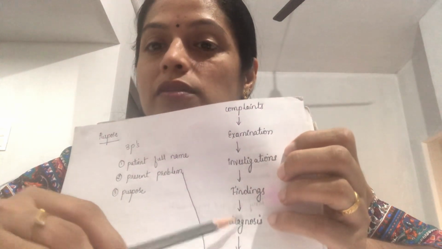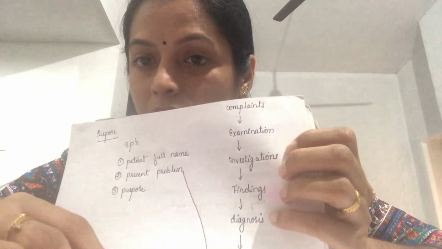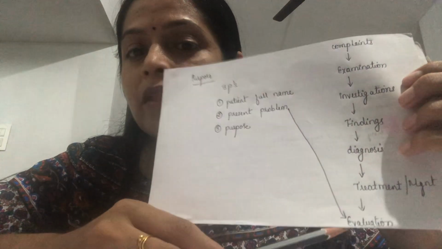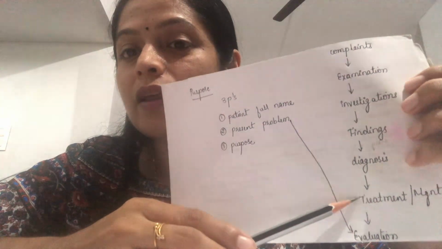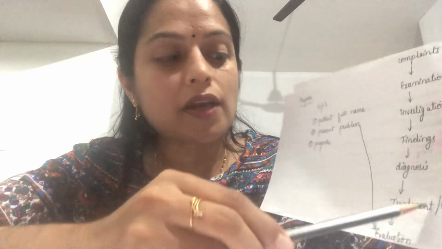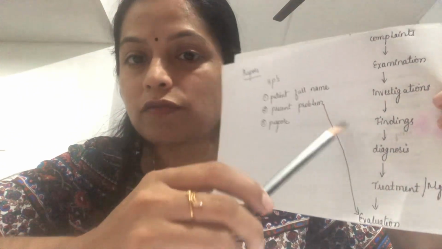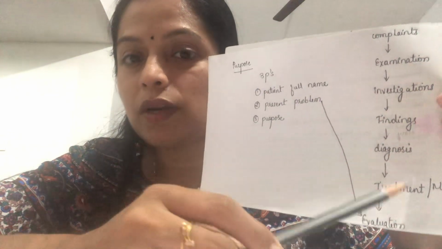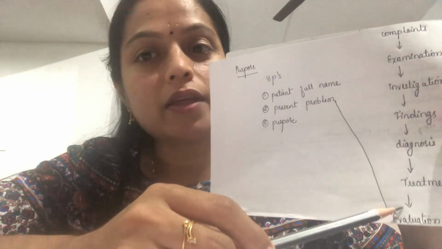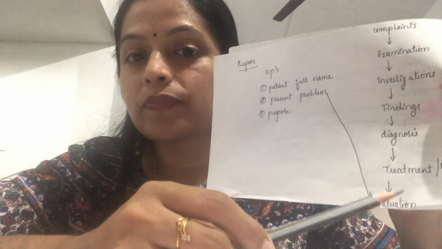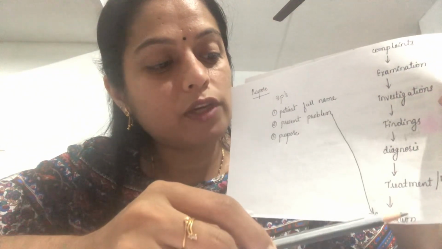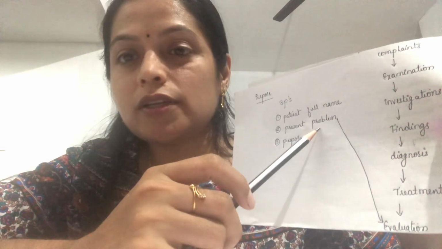After the diagnosis, we start the treatment. After the treatment, we check whether the patient has recovered or not. Finally, evaluation: whether the patient has recovered or worsened. That you need to select as the present problem.